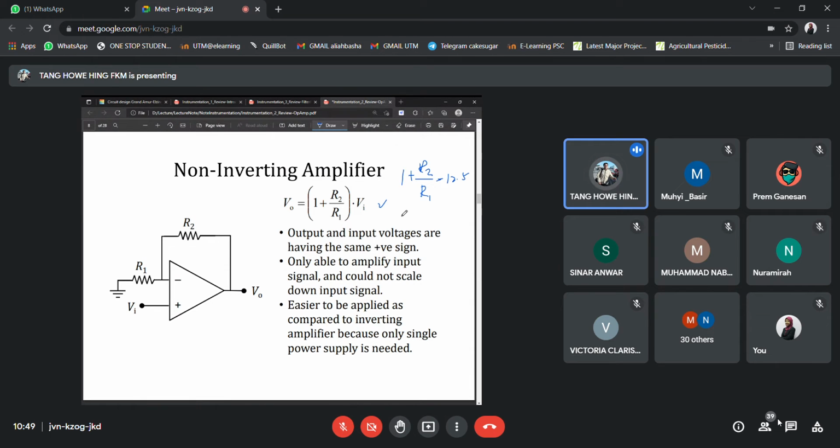Eventually I'm going to get 1 plus 11 kilo ohm resistor divided by 1 kilo ohm resistor. Actually, if I want to be more precise, I can get 11.5 kilo ohm divided by 1 kilo ohm. But in real life, I don't think we need to be so precise. So most probably just 11K, and in this case we are going to achieve an amplification of 12 only.